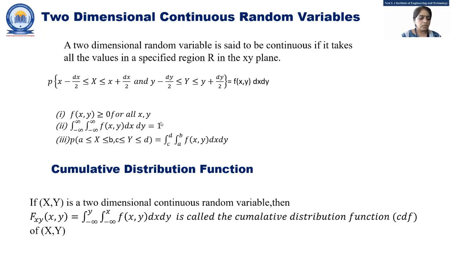This is known as the two-dimensional continuous random variable.